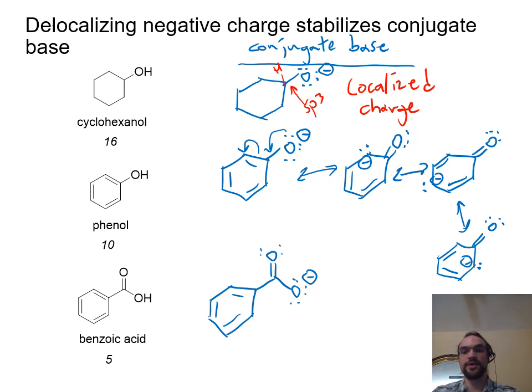So we have 4 resonance structures. The negative charge can go throughout the ring, the benzene ring, to go on different carbons.